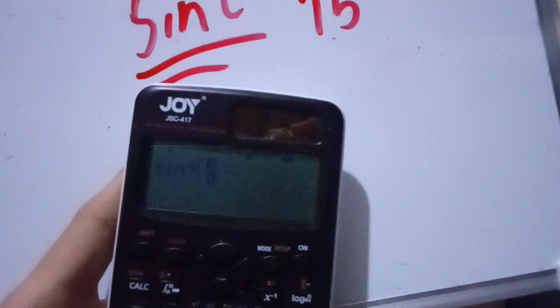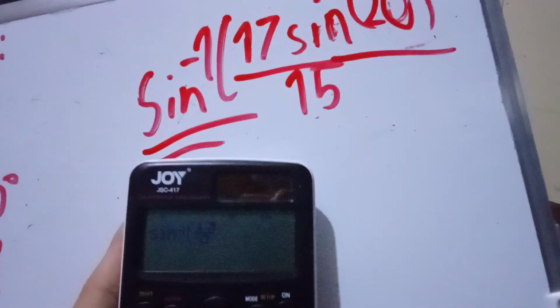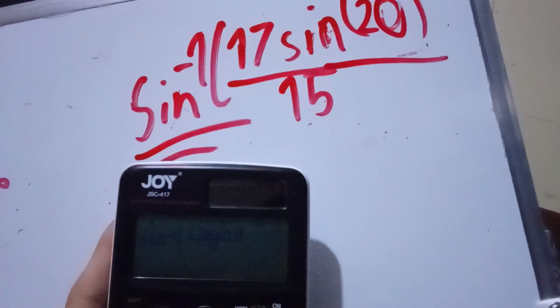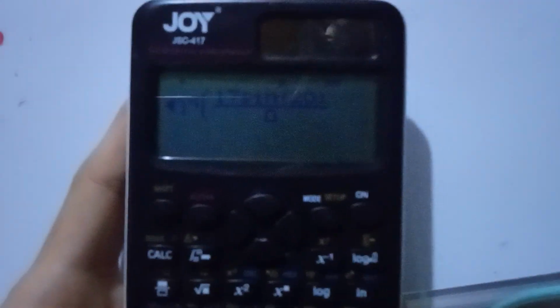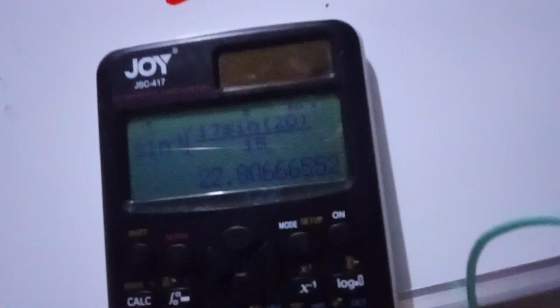Sine 5 over... 17 sine 20 over 15. Our answer is 22.80.